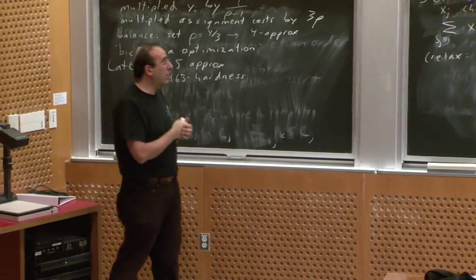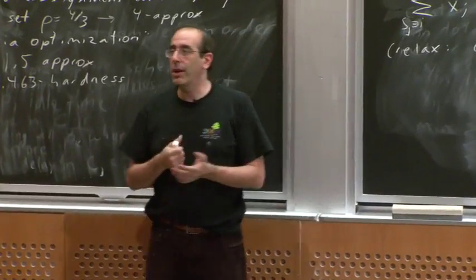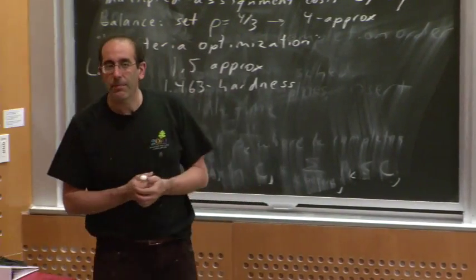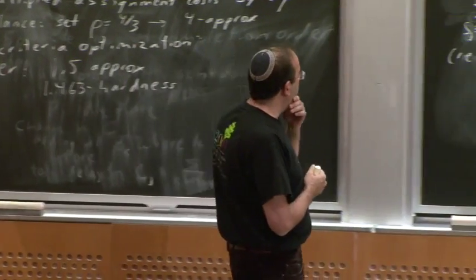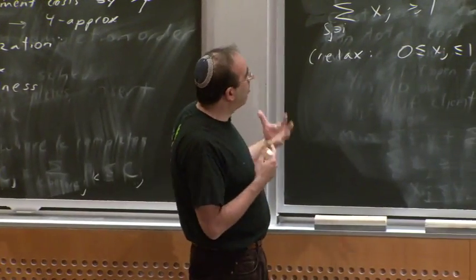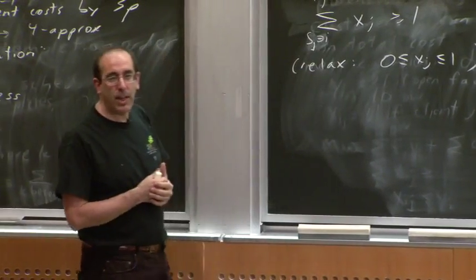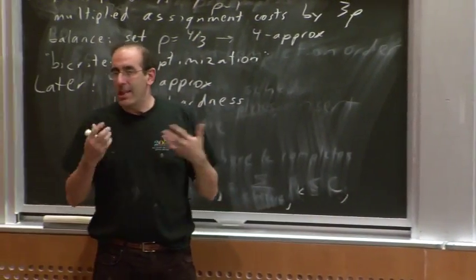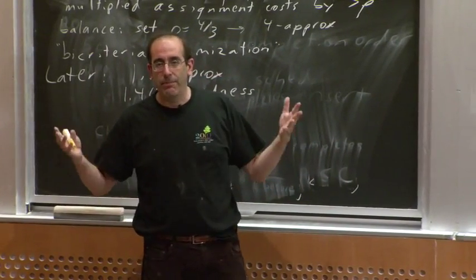So you can imagine a rounding procedure where we just flip coins according to these xj probabilities. The reason that has some hope of working is because in expectation, every element is going to be covered. Unfortunately, it's not enough for every element to be covered in expectation. We want every element to be covered really.